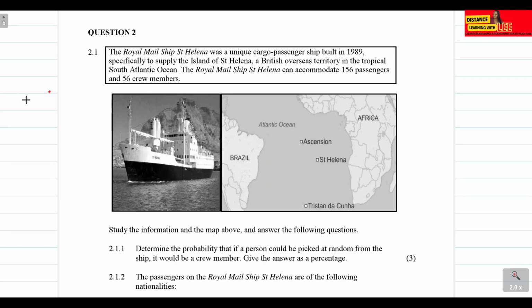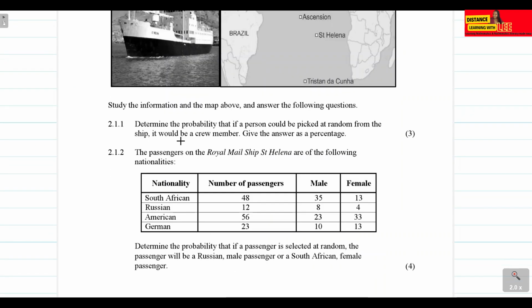We need to study the information and the map above and answer the questions that follow. So question 2.1.1. Determine the probability that if a person could be picked at random from the ship, it would be a crew member, and give the answer as a percentage. So what is the probability that a random person picked from the ship would be a crew member?